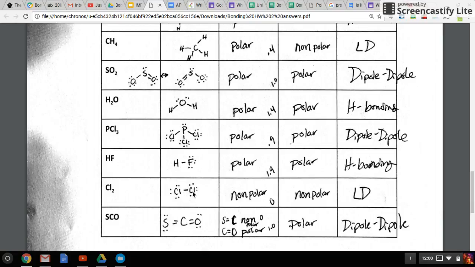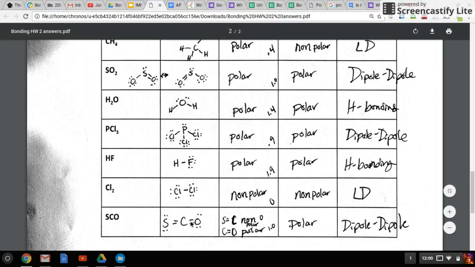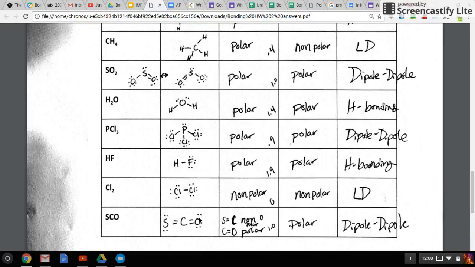Chlorine gas, we've got two chlorines bonded to each other, so it is a nonpolar bond with an electronegativity difference of 0. So it forms a nonpolar molecule and only has London dispersion forces. SCO ends up looking like this, very similar to the structure we had at the very beginning of this problem.